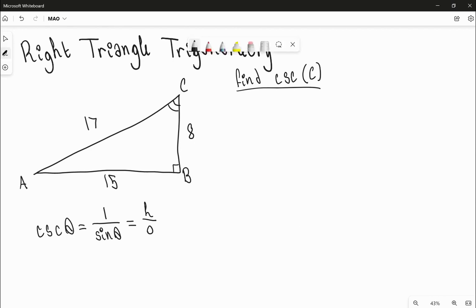So if we're looking at C, then hypotenuse is 17, and our opposite is equal to 15. So our answer there is 17 over 15.